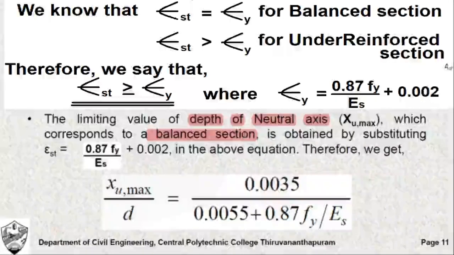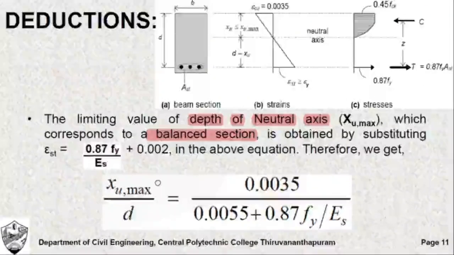We substitute epsilon st equal to 0.87 fy by Es plus 0.002 in the previous expression to obtain an expression like this. xu becomes xu max, because we already said the depth of neutral axis for a balanced section is represented as xu max. So xu max divided by d is equal to 0.0035 divided by 0.0055 plus 0.87 fy by Es.